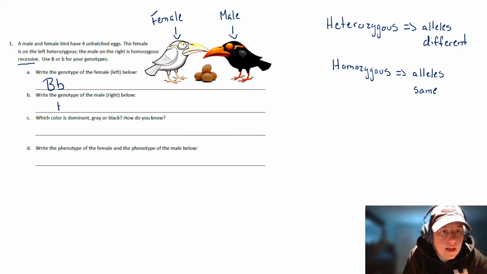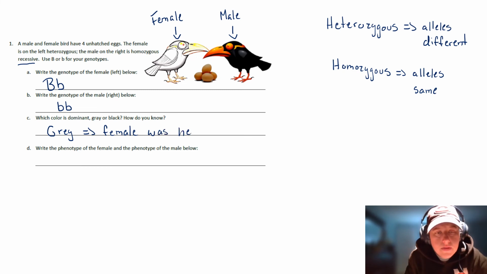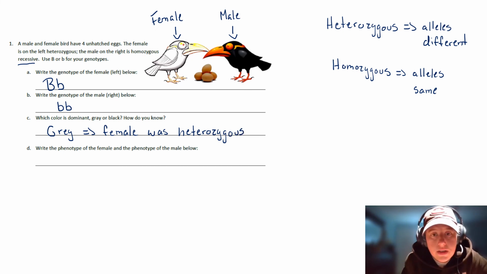Recessive means both alleles have to be lowercase. The color that is dominant is gray. And how do we know this? Is because the female was heterozygous. Right? Meaning the alleles were different and showed the gray color.